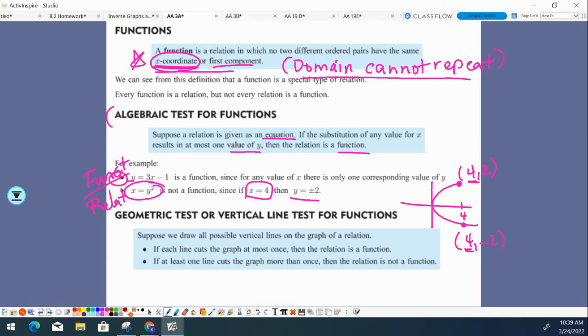Now, if you're looking at the actual graph, the geometric test, we just use the vertical line test. We've talked about the vertical line test in the past. So come back to this graph here.